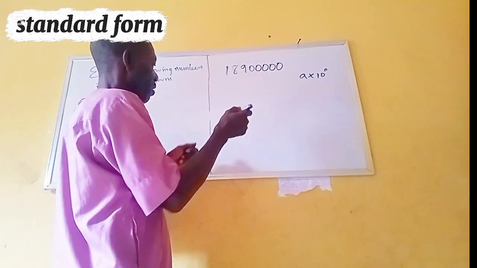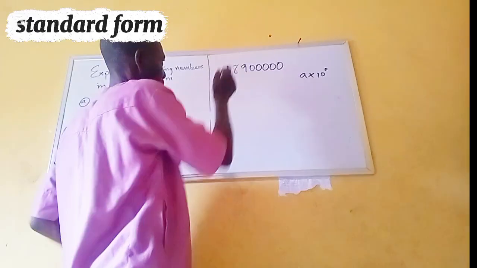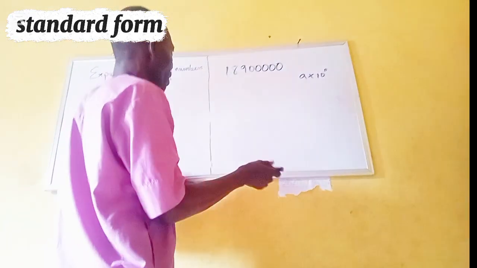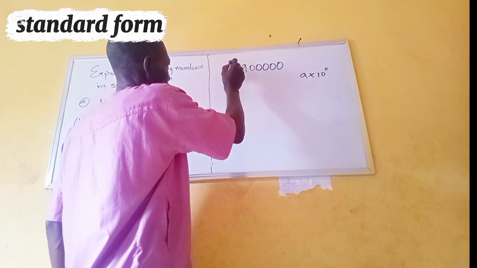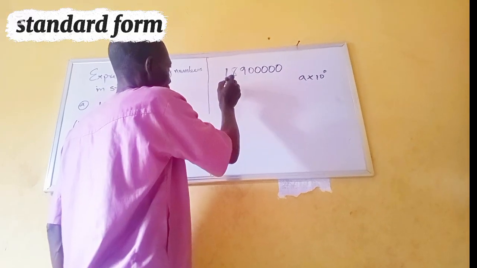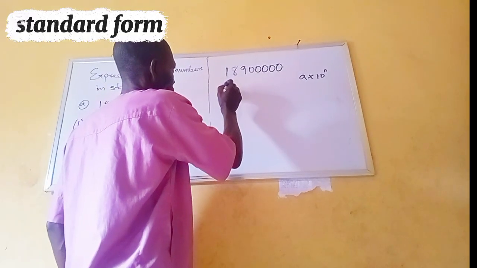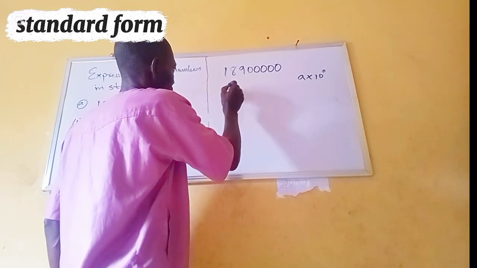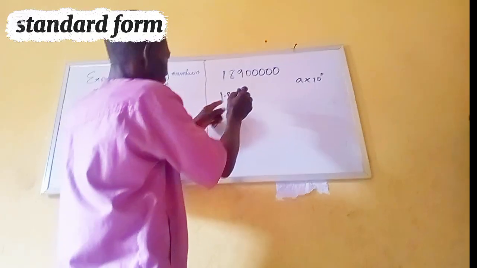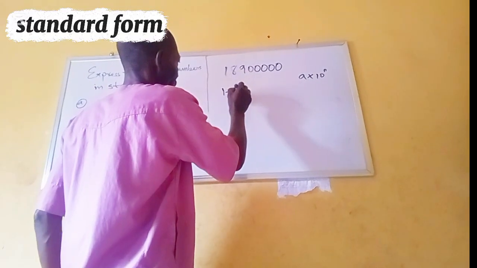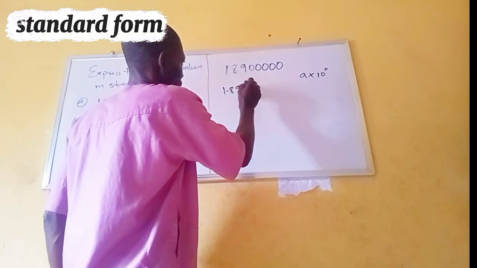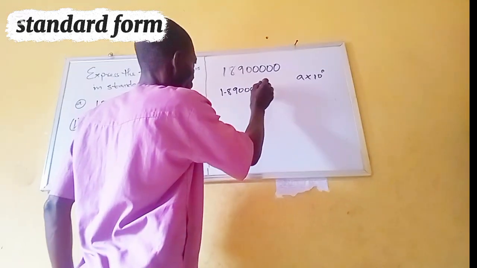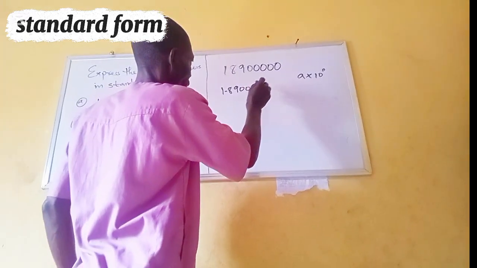Our first significant figure here is 1, and the second significant figure is 8. So we place our point in between, that is 1.89, followed by the remaining digits.